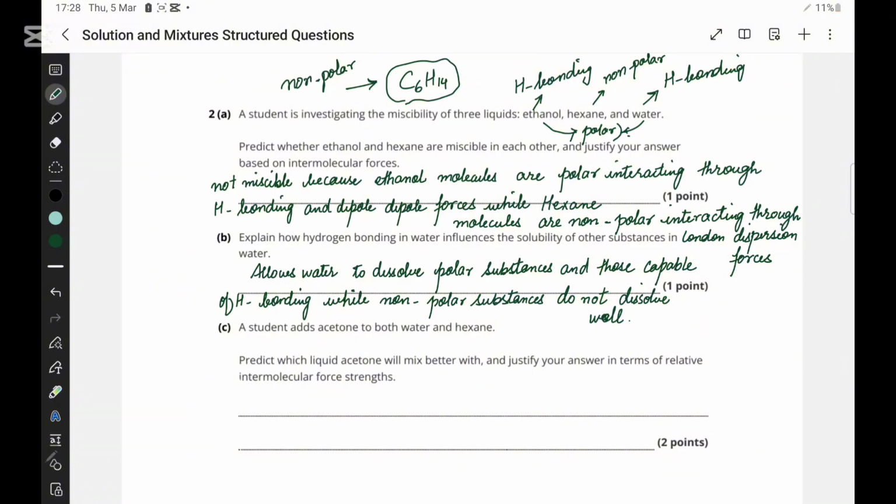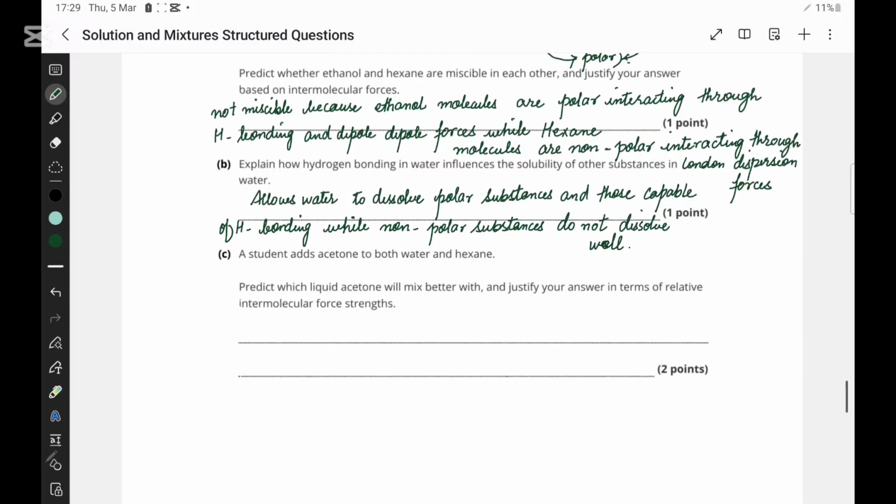A student adds acetone to both water and hexane. Predict which liquid acetone will mix better with and justify your answer in terms of relative intermolecular force strength. Acetone will mix better with water. And what is going to be the reason?